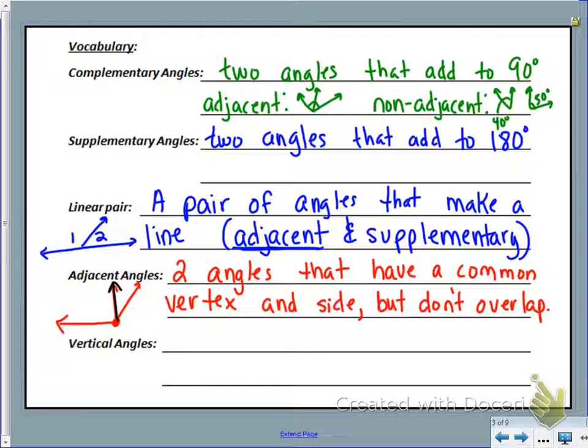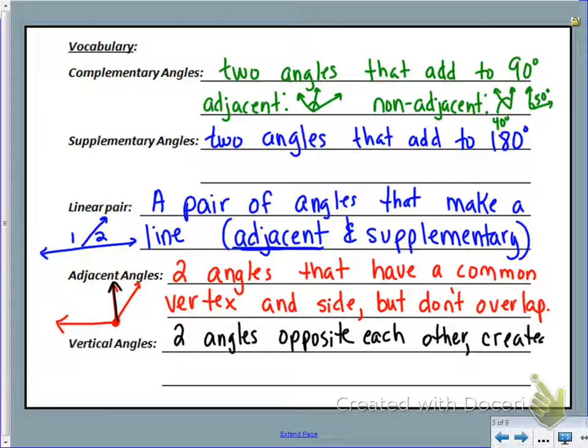Vertical angles. Vertical angles are two angles opposite each other created when two lines intersect.